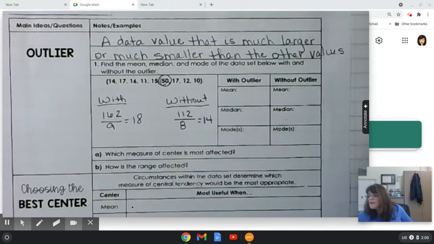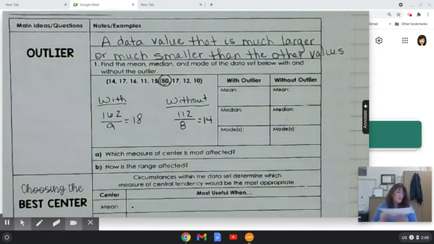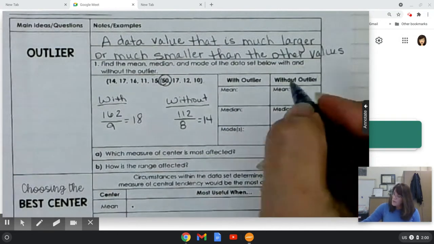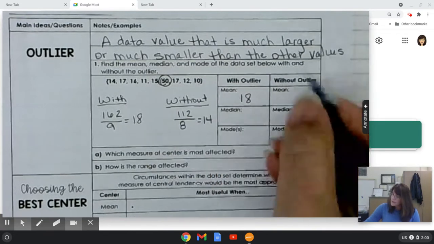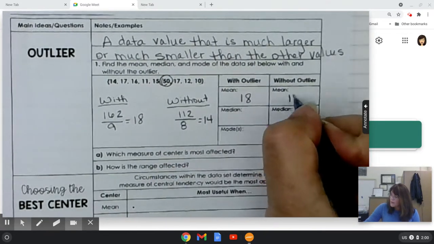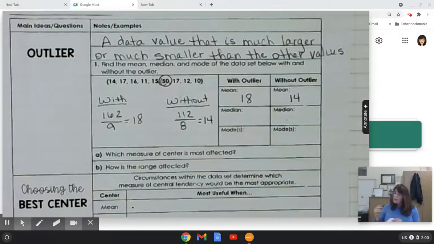Now, I also want to show the other measures of center. So we're going to look at those. Okay. So the mean with the outlier is 18. The mean without the outlier is 14. Now, let's look at this data as far as median and mode.